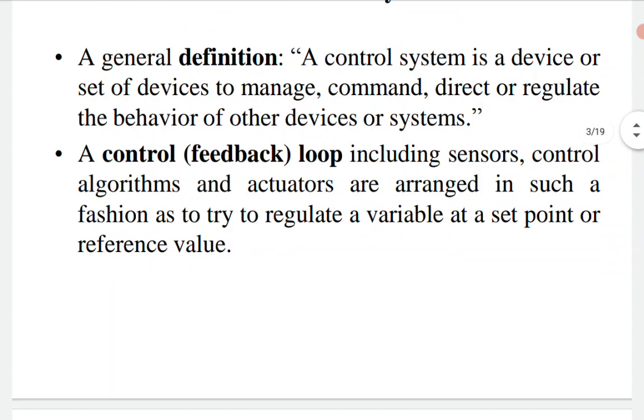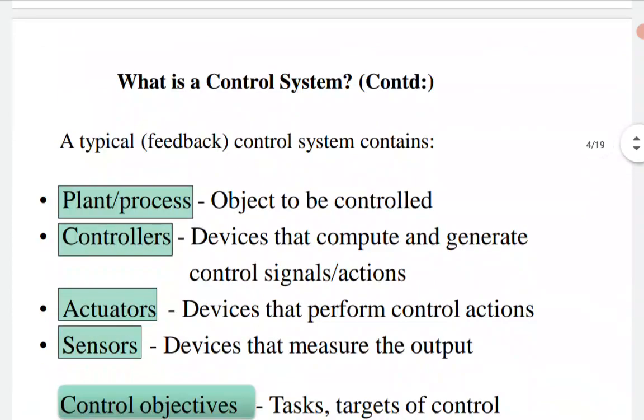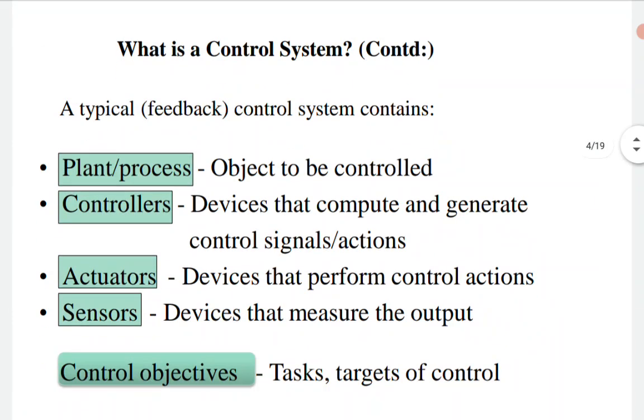Now, speaking of the typical feedback control system, it contains key elements, listed below: plant or process, controllers, actuators, sensors, and control objectives that are to be performed. So what is a plant?